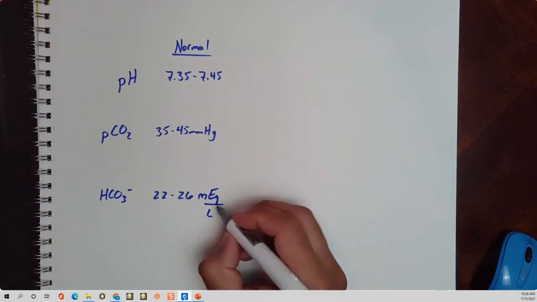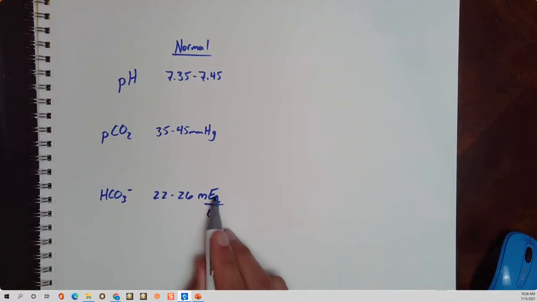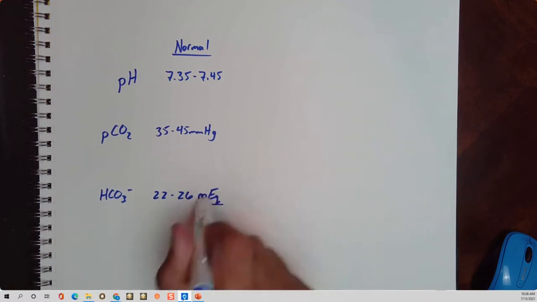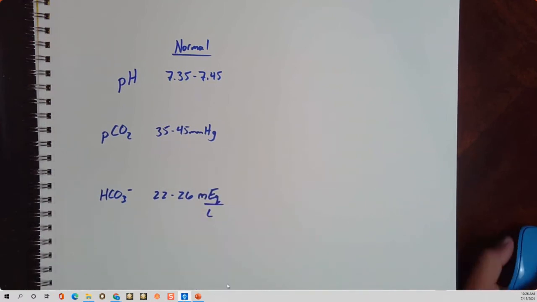Don't overthink milliequivalents. M, capital E, lowercase q. Milliequivalents is the same thing as saying a weight, like grams over liters. I don't know why they got to change things on us, but they do.